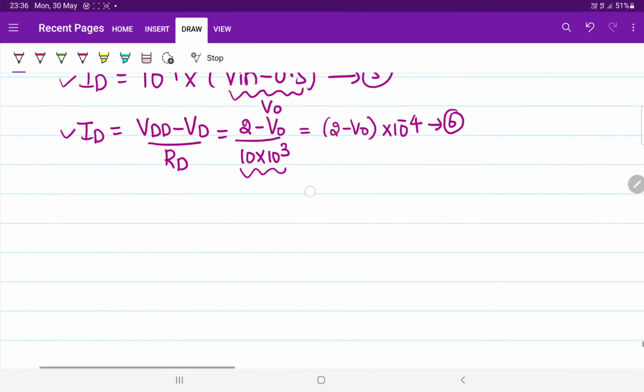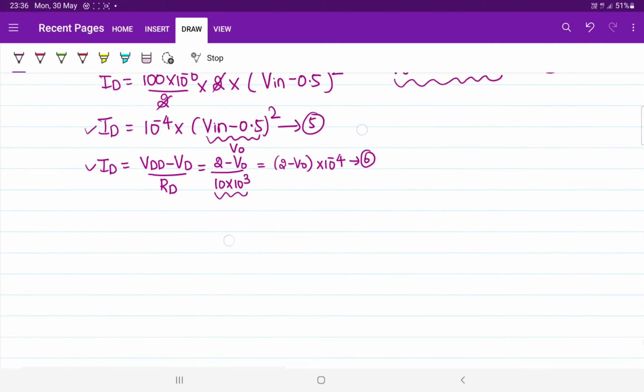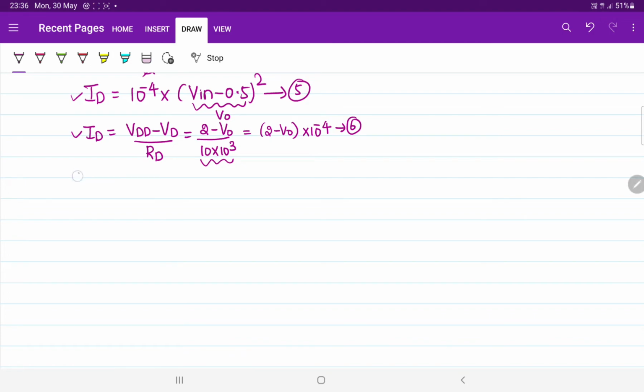So when equating equation number 5 with equation number 6, it will become 10 power minus 4 into V0 square equals 2 minus V0 into 10 power minus 4.